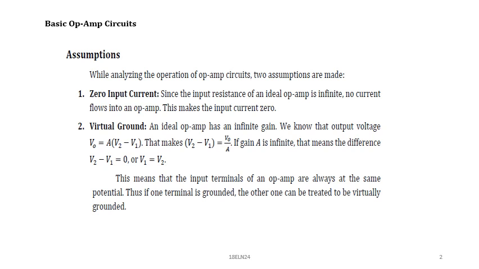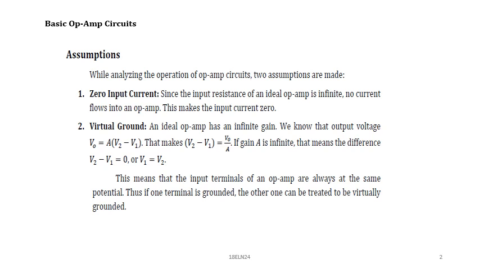So V2 minus V1 is equal to V0 by A. The gain A is infinite. That means the difference V2 minus V1 is equal to 0. Right? V0 divided by infinity is 0. Therefore, V1 is equal to V2.